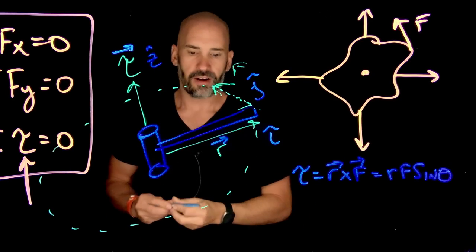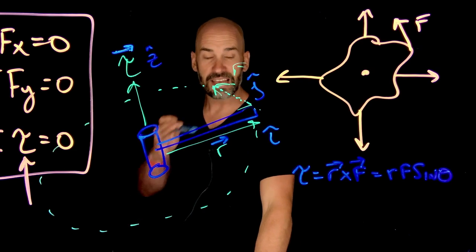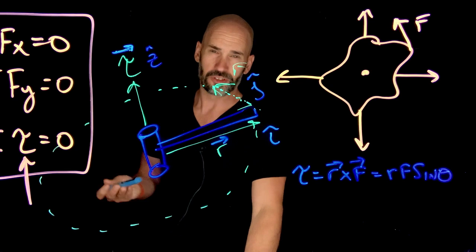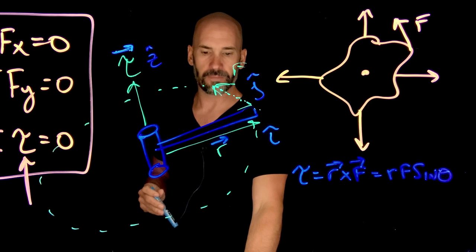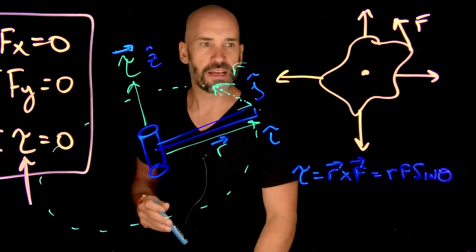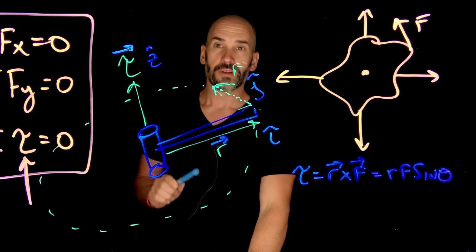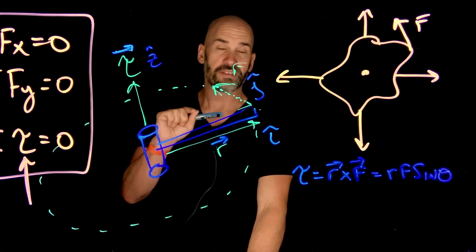All right. So if you go to the next slide, this just reminds you that R cross F is really RF sine theta, which you guys know by now. The next thing that I want to be careful about here is sign conventions. So what makes a positive and what makes a negative torque?